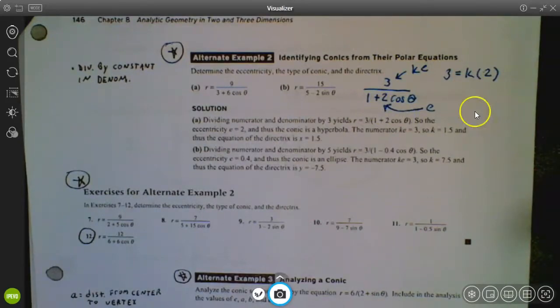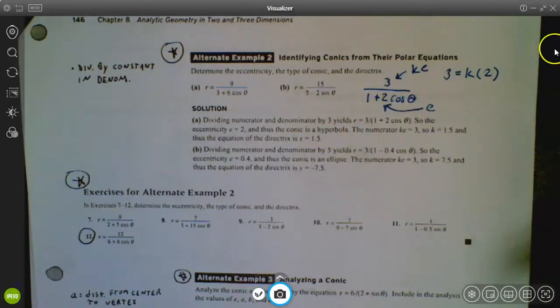As far as the directrix goes, do keep in mind that this is a hyperbola that is opening left and right because there's a cosine here. We always know the directrix is like y equals k. So in this case, if my k value is 1.5, then my directrix is, sorry, I should say x equals my k value if it's going to open left or right. So my directrix would be x equals 1.5.